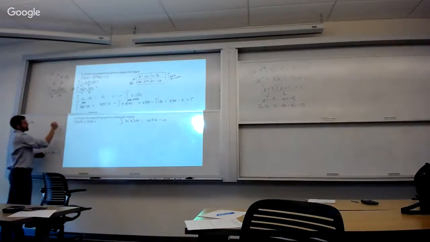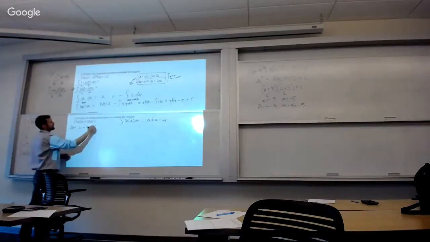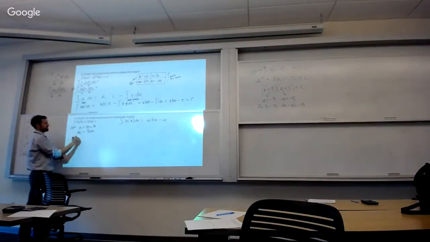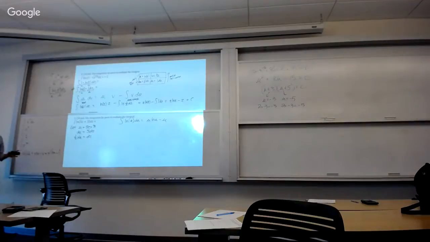So to do that, we would say let u equal 5z plus 3. Therefore, du would be 5 dz, which would be 1/5 du equals dz. And so right up front, what we do is a u substitution just to get rid of the 5z plus 3.